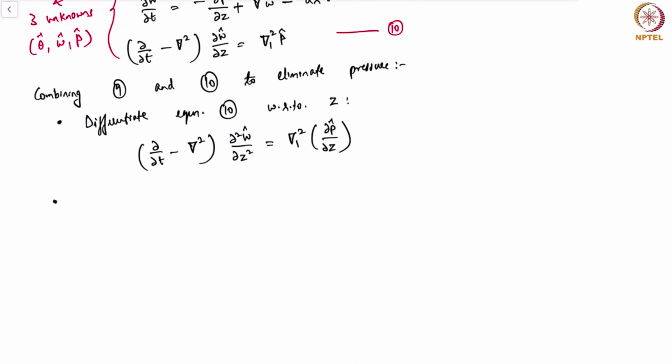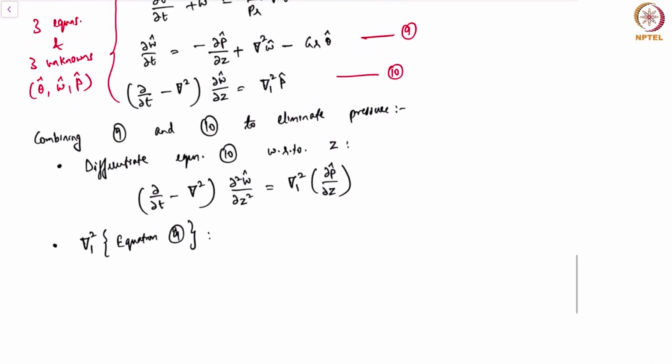I can operate del 1 square on equation 9. If I do this, I have on equation 9, that is del by del t minus del square of w hat. That's my equation 9. So in other words, I'm combining the two terms that I'm highlighting here.